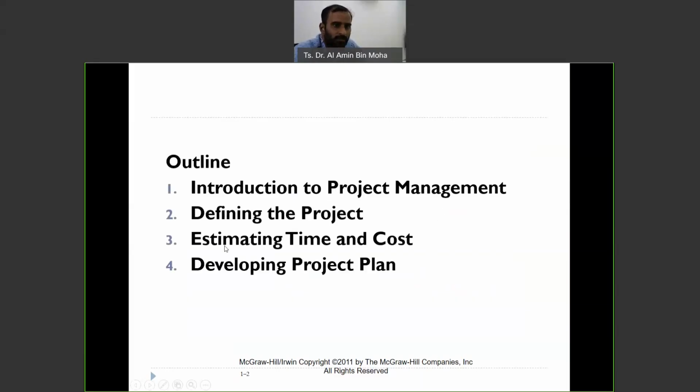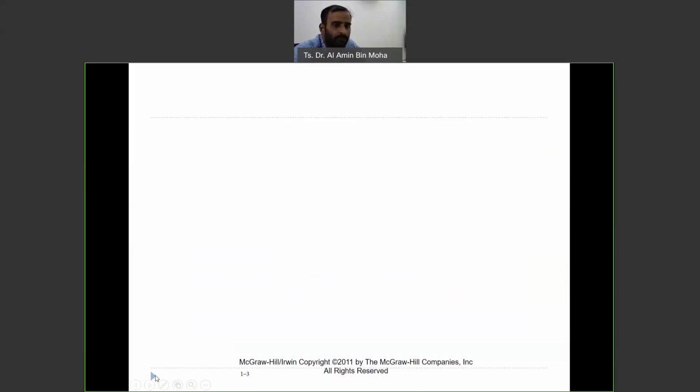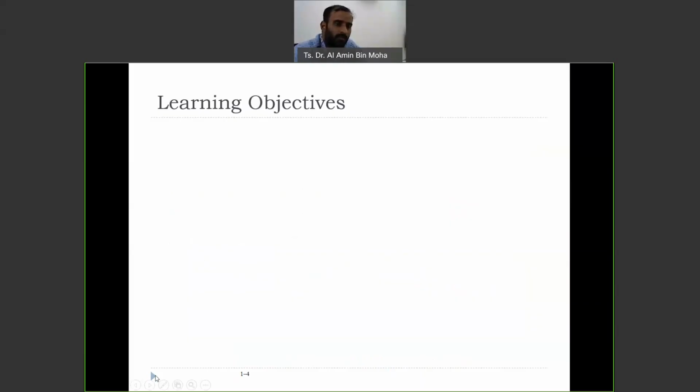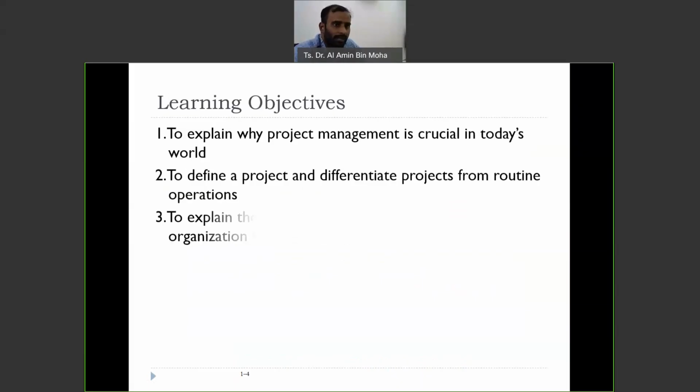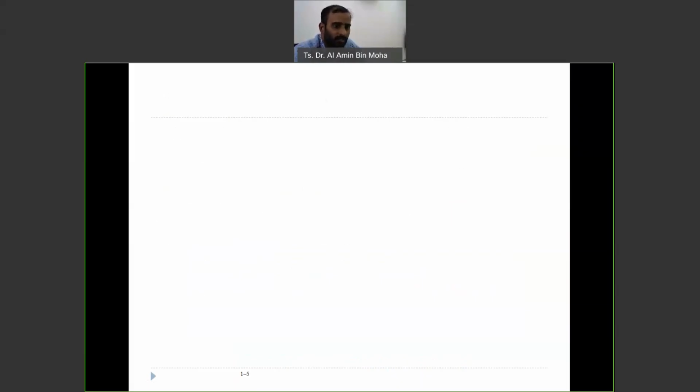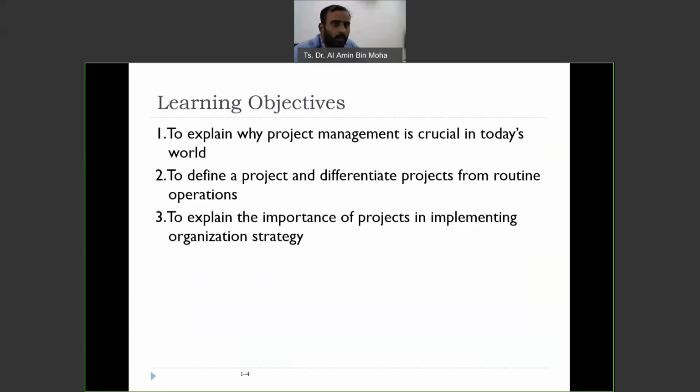Introduction to project management, defining the project, estimating time and cost, and developing the project plan. So, introduction to project management. The learning objective of this chapter: at the end of the lecture session, you should be able to tell me why project management is crucial in today's world, to define a project and differentiate a project from routine operation.